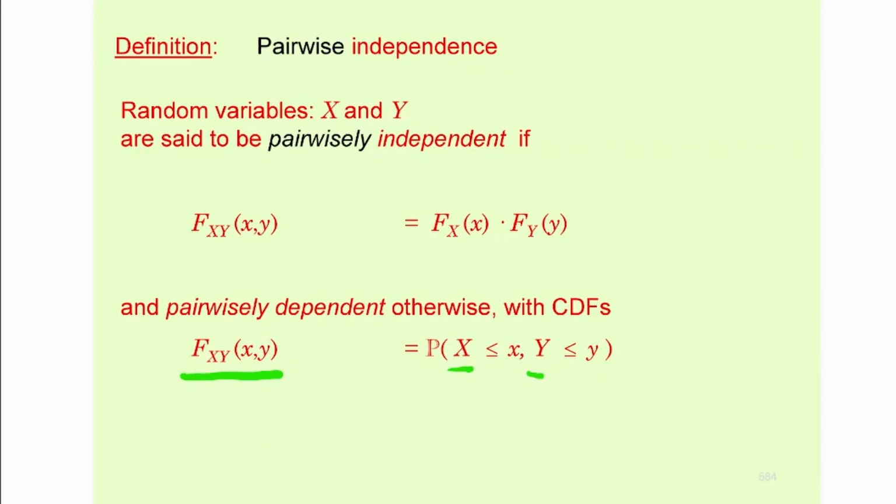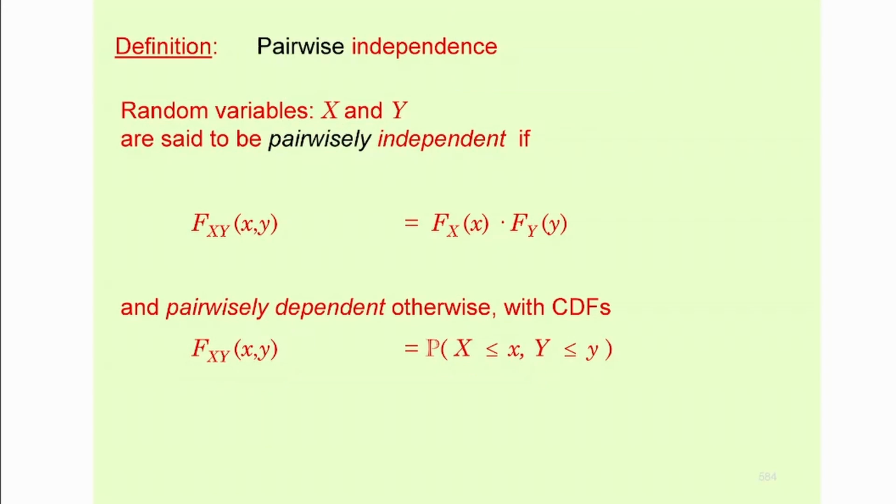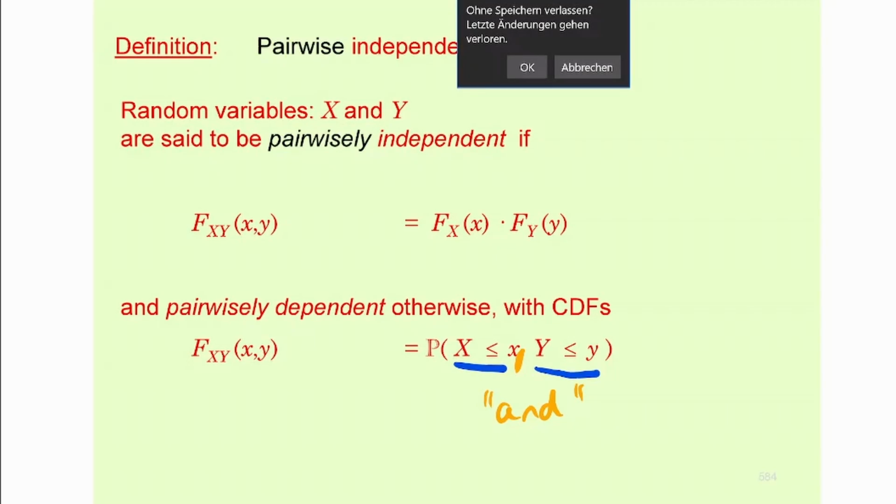The comma in the middle, let me stress, means and. So this means that that is true and the other is also true, both. So that's some sort of a joint probability. Again, it's not a practical concept, to be honest, but there's no other way to do it.